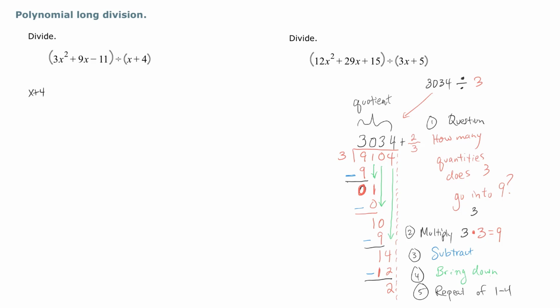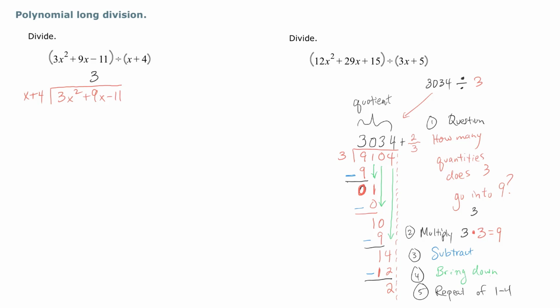I keep the same color scheme. And then we want to know about how many quantities of x plus 4 go into 3x squared. That's actually the first question. And the answer to that is 3x.